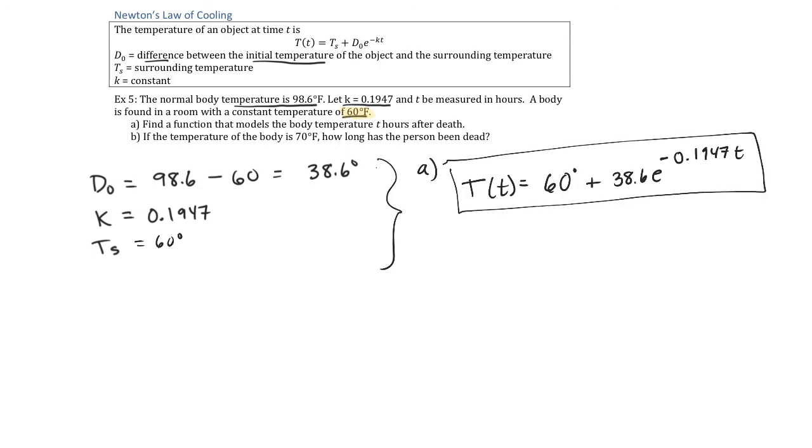Now we can solve this. If the temperature of the body is 70 degrees, how long has the person been dead? So we're going to find t, little t. Okay, the temperature is 70 degrees, and e to the negative 0.1947 t. We need to solve this for t. So we're going to isolate that exponential term.